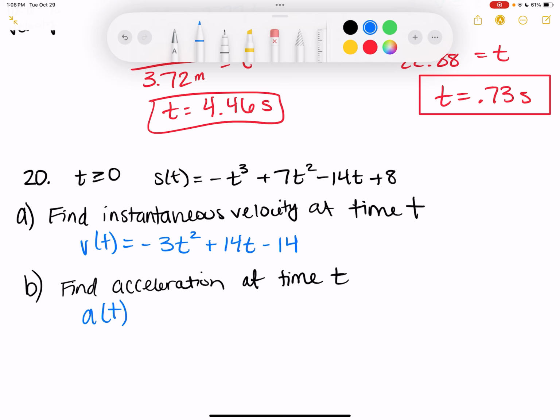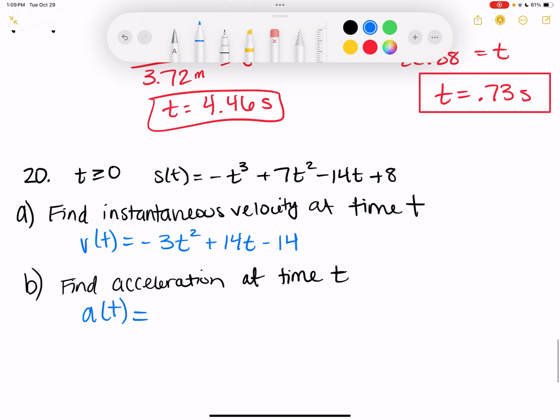The derivative of velocity. That would have been right. Or acceleration is the second derivative of position. It's another way to think about it. So we just take the derivative again. What do we get when I do that? Negative 6t plus 14.